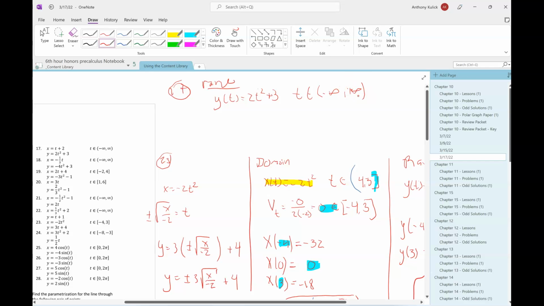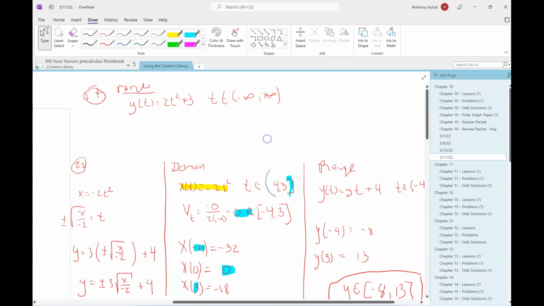So again, if I think about the graph of this, I have t and y of t as my axes. Since this is a quadratic, I know the shape of the graph is going to be a parabola. And since the leading coefficient is positive, it's positive 2, I know that parabola is going to open up. So I know that my range is going to go from my vertex to positive infinity.